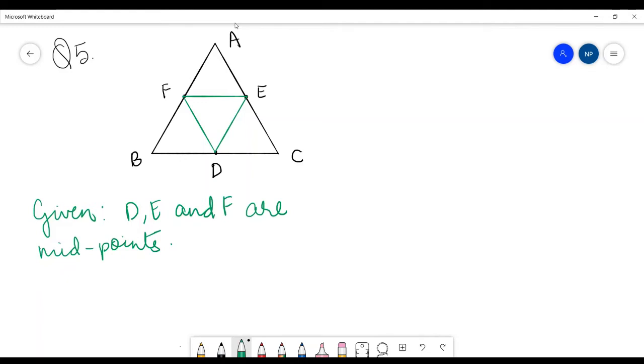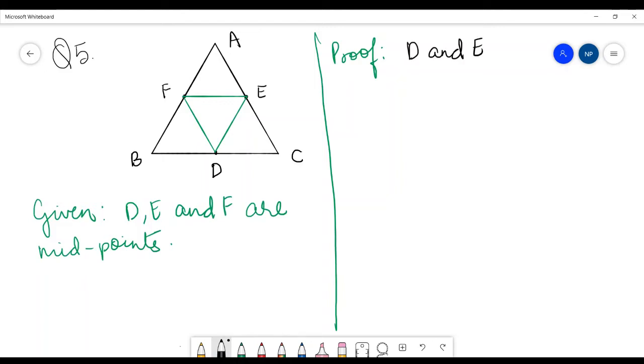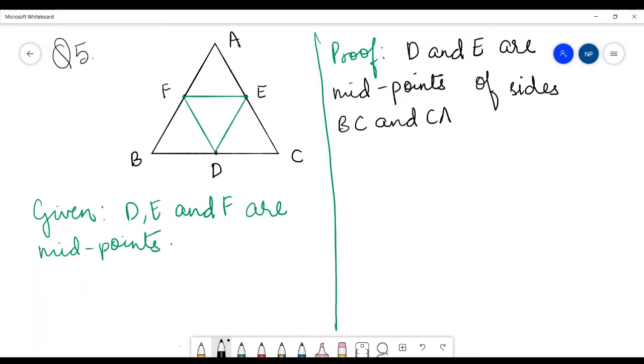Now, let us see the proof part of it. In the proof part over here, children, we know that D and E are midpoints of sides BC and CA.